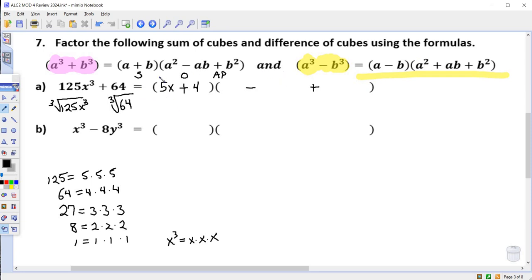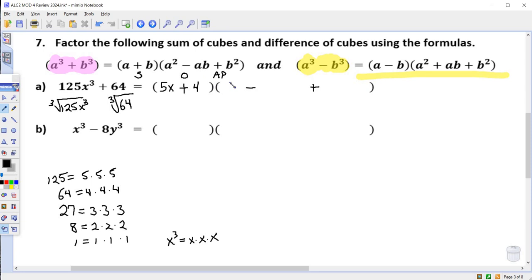And so what I like to do is we have A and B in the first binomial factor, and I'll write down the cubed root of the first term right here. That's what A is, the cubed root of the first term, 5x, and you write down the cubed root of the second term, where the B is. And so now I have the A and the B here, and I just think it through.